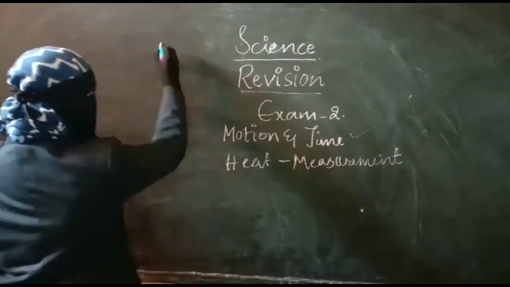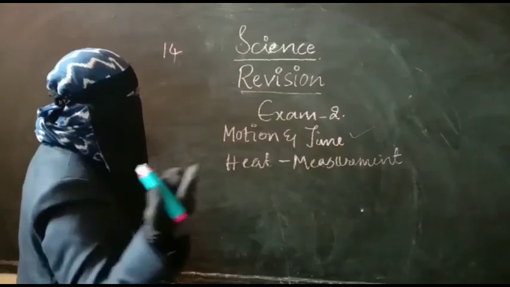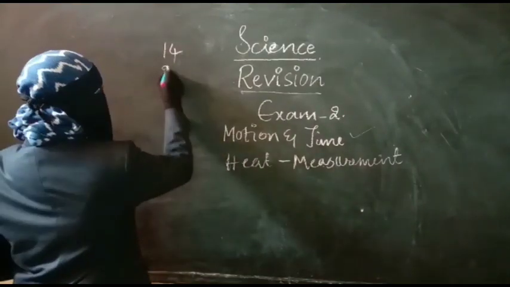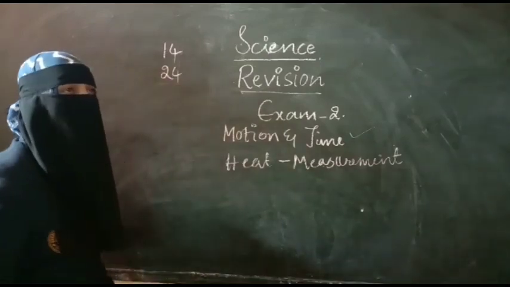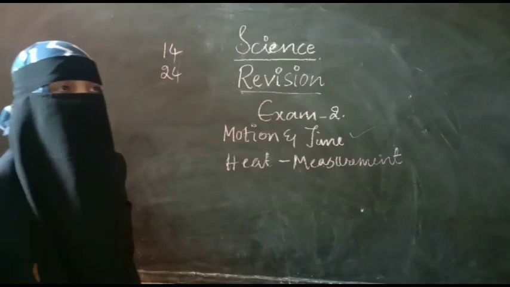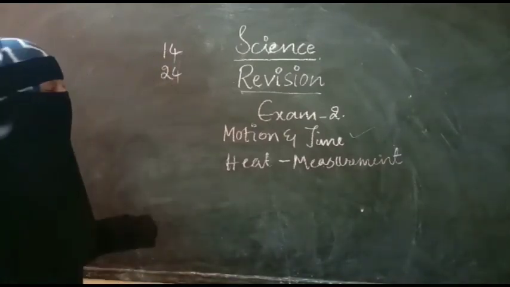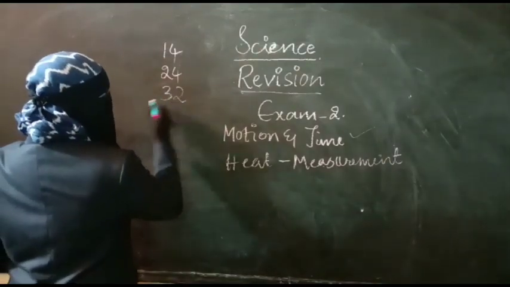Then section 2 has 6 questions, each carrying 4 marks, 6 fours are 24. Then the third section has essay type questions with internal choice, either A or B, each question carries 8 marks, 4 eights are 32.